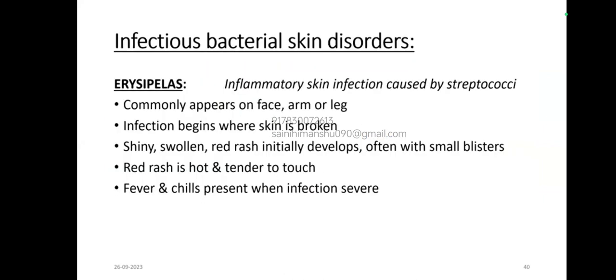See this erysipelas. This is a little bit severe condition to manage, and it has all the features of inflammation. It appears on the face and also on the extremities, and it begins due to some other pathologies also as a secondary infection.